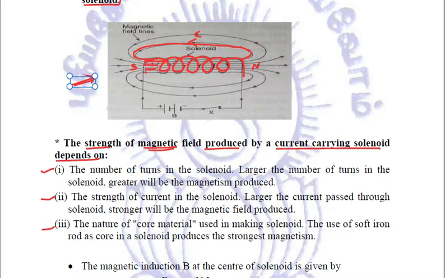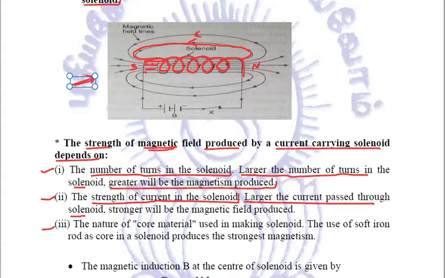The first factor is the number of turns in the solenoid. Larger the number of turns in the solenoid, greater will be the magnetism produced in it. Second is the strength of current in the solenoid. Larger the amount of current passed through solenoid, stronger will be the magnetic field. That means the magnetic field is directly proportional to the number of turns and is directly proportional to the amount of current passed through it.